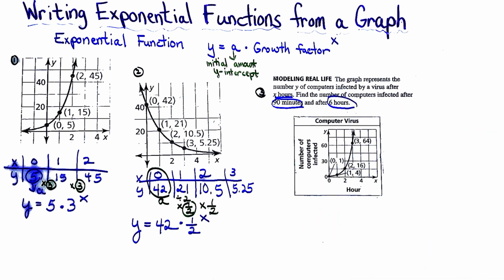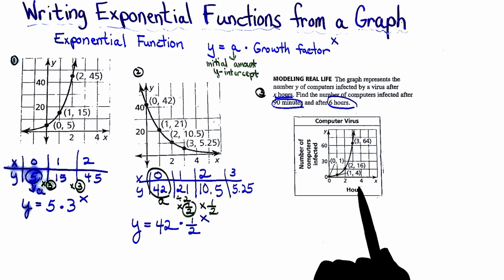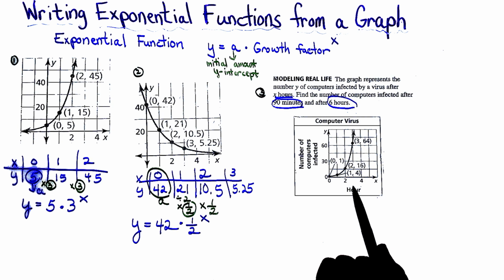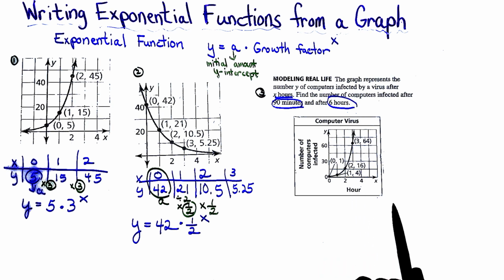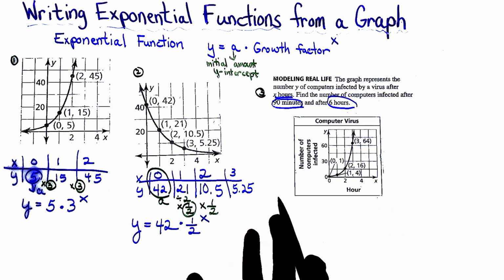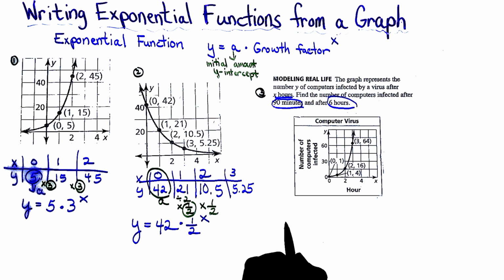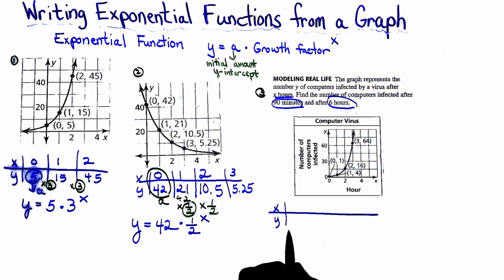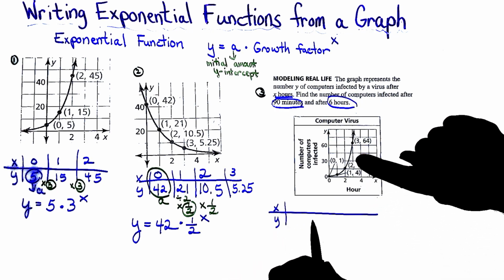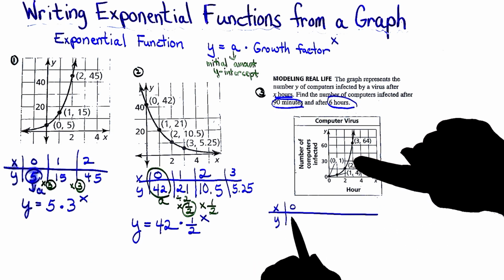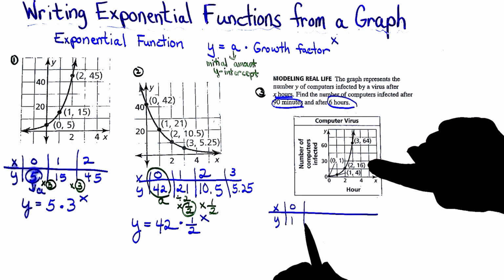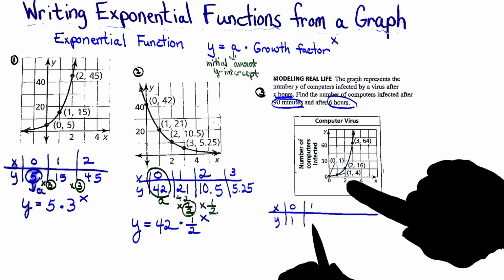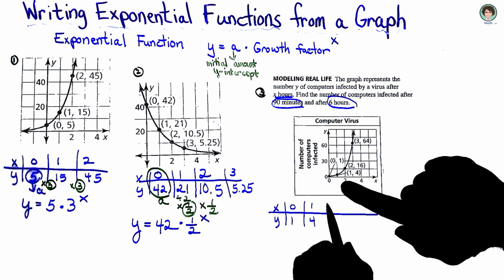So again, you know that I'm going to suggest that we go ahead and write a table to go along with this. And I'm just going to put my table right below the graph. So I have my x and my y. We see that x starts out at a 0 and y is 1. We then see that it goes from a 1 to a 4 as the second point.